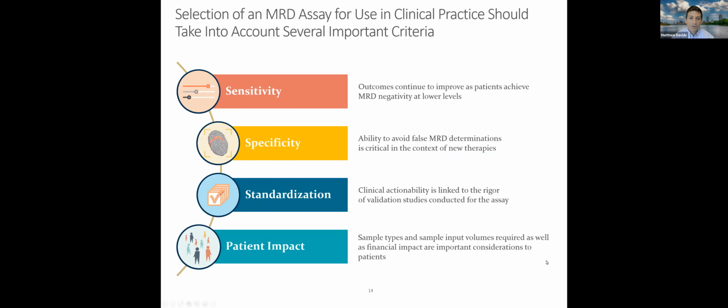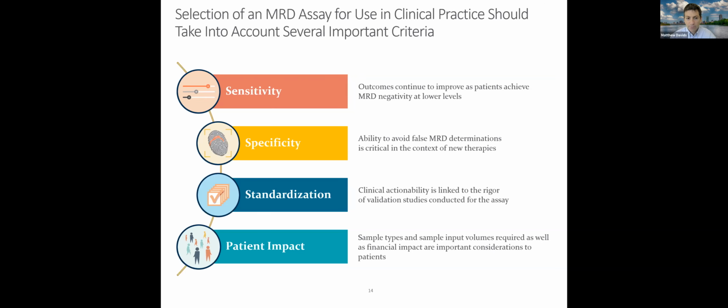So with these different tests available now, how do we select which test should be used in clinical practice? There are many different test characteristics we need to consider. First is sensitivity. In other words, we want to be able to detect the MRD at these very low levels, as I mentioned, because that can give us even more powerful prediction of who's going to do well over time.